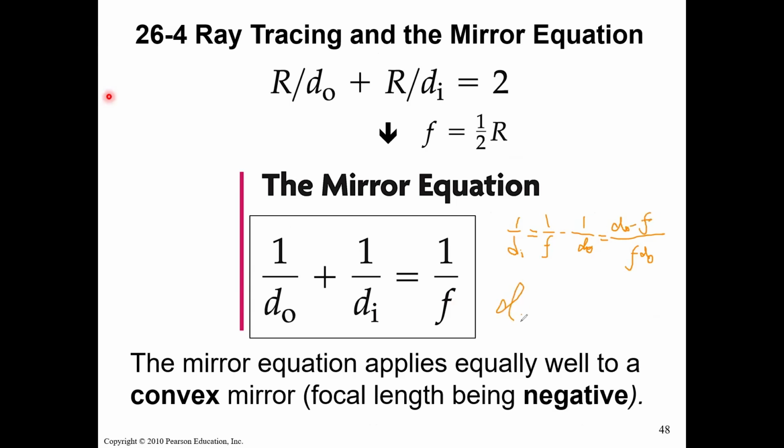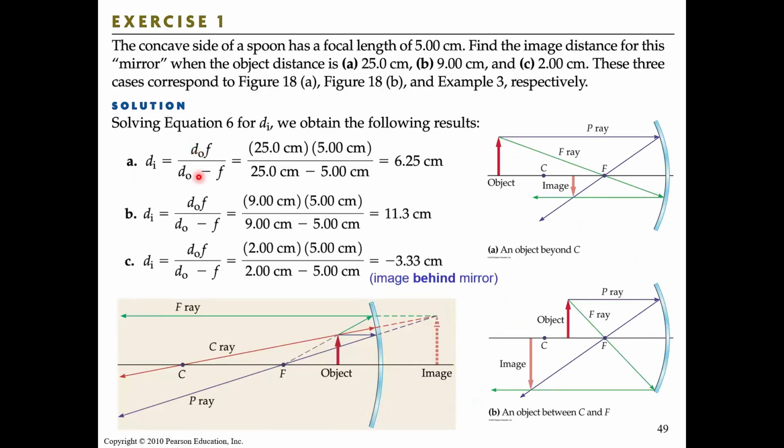So if you solve DI, you find out that this is F times DO divided by DO minus F, right? Okay, so F times DO divided by DO minus F. Okay? And this is a concave mirror, so the focal length is positive 5.